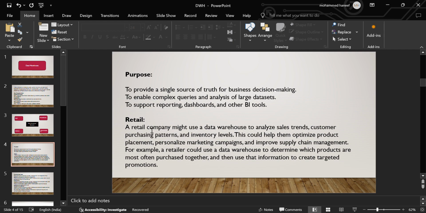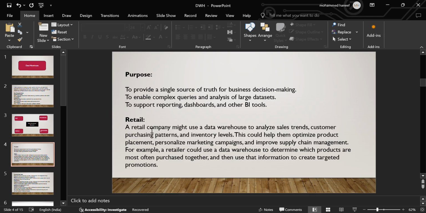A retail company might use the data warehouse to analyze sales trends, customer purchasing patterns, and inventory levels, which can be used to improve their business. I'm just repeating this once again. When you have the data, based on the data only you can estimate your business, how much has been done, and what my future sales will be.